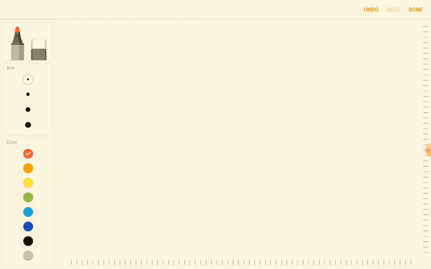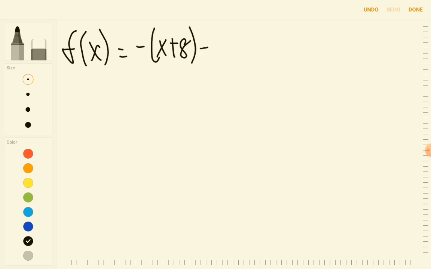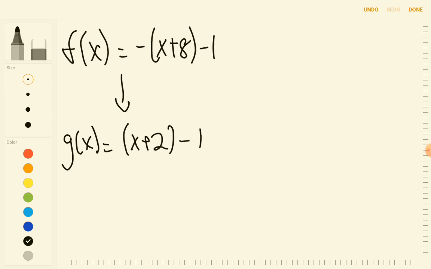Next problem. For our next problem, we have f of x equals negative x plus 8 minus 1, and transforming that to g of x equals x plus 2 minus 1. So to get started, we would just draw it out on a coordinate plane.